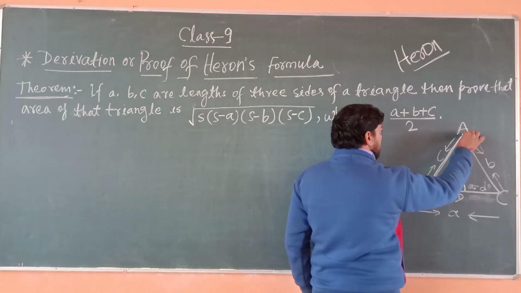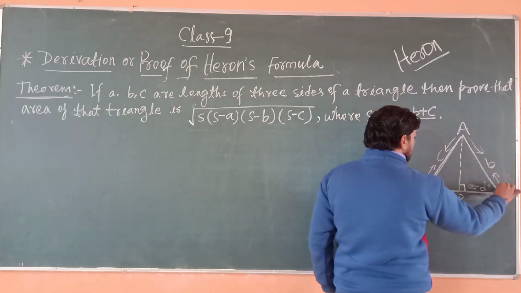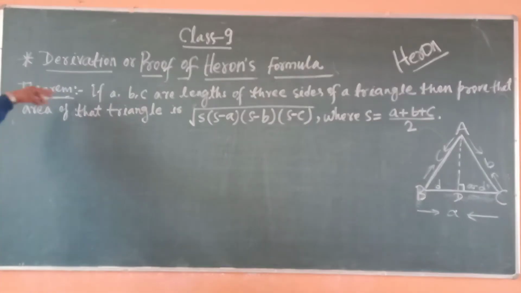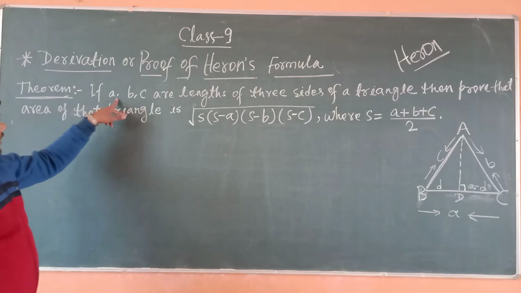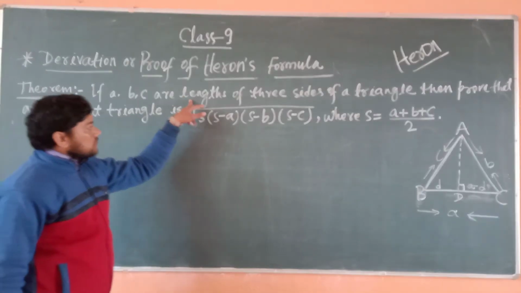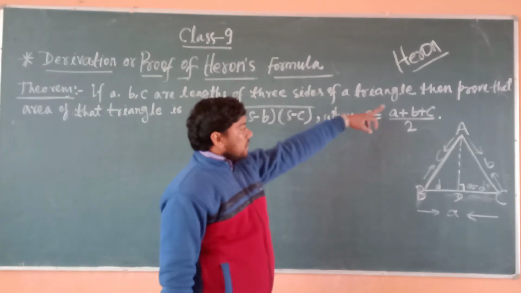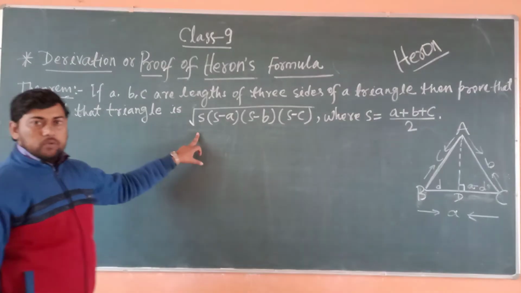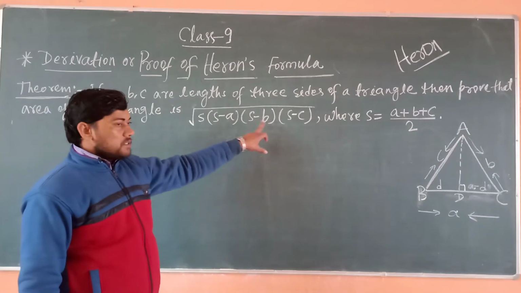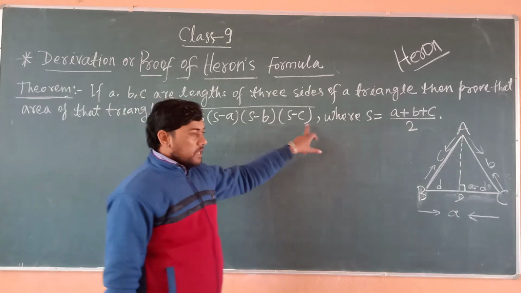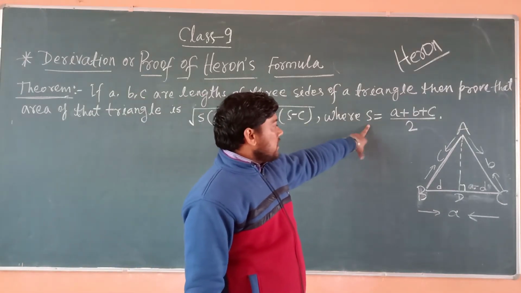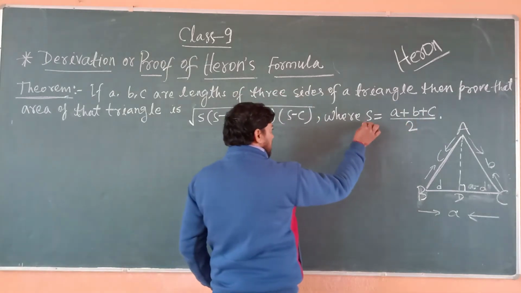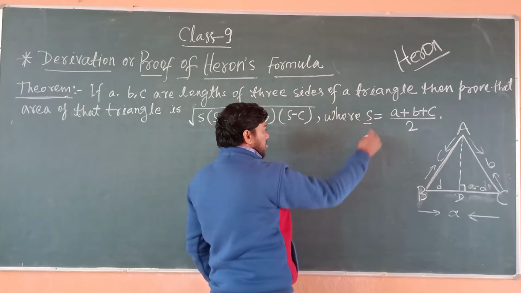If height is impossible to find, then what will be the area of a triangle? The statement is, if a, b and c are the lengths of three sides of a triangle, then prove that the area of that triangle is under root of s into (s minus a) into (s minus b) into (s minus c), where s is equal to (a plus b plus c) by 2. s means semi-perimeter.